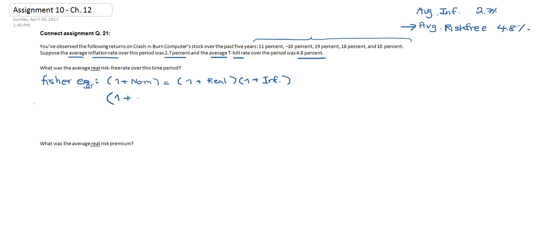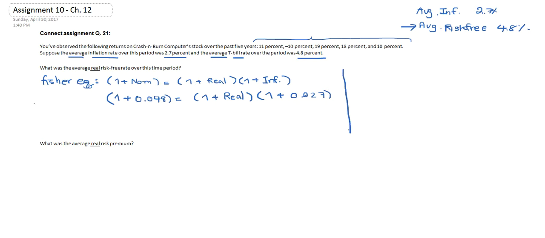So 1 plus 0.048 equals 1 plus the real risk-free rate, which we don't have yet and that's what we need to find, multiplied by 1 plus the inflation rate, which is 0.027. So you can find this real rate, and this is going to be the average real risk-free rate.